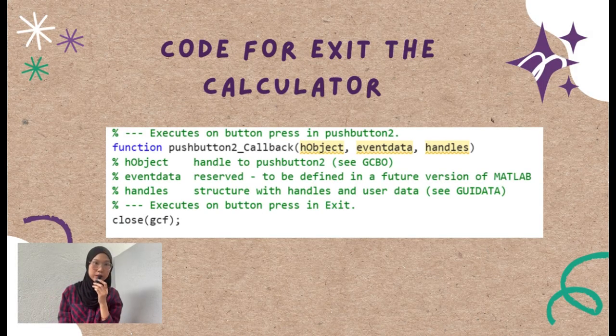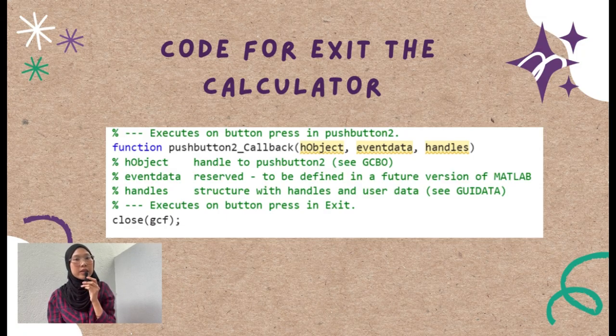Okay, for the last part of the coding, this part of the code handles the exit button in the GUI. When the user clicks the exit button, the function pushbutton_callback is called. Inside this function, we use the command close(gcf), which closes the current GUI window.